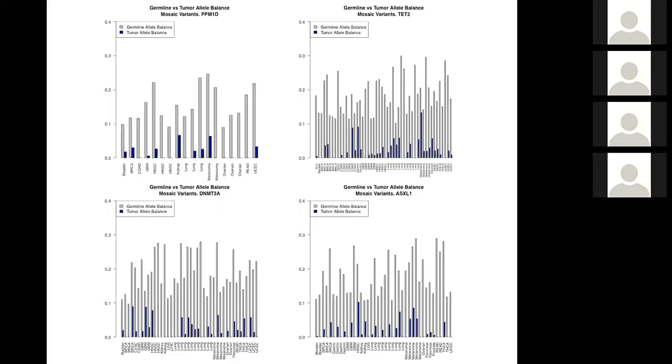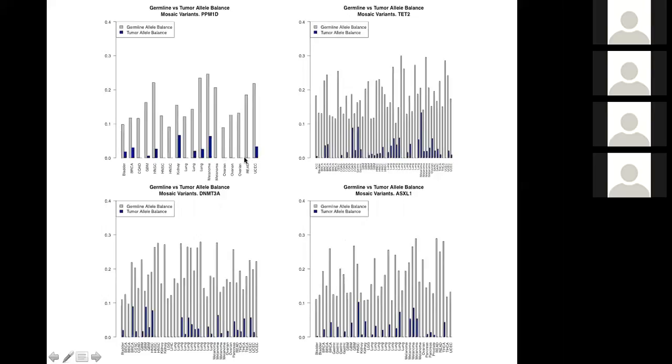What you can see mostly is that the fraction of such mosaic events observed also in the tumor is actually equivalent to just blood contamination of the tumor sample, right? You'll always have a certain small amount of blood contaminating the tumor sample due to the way you obtain that sample.